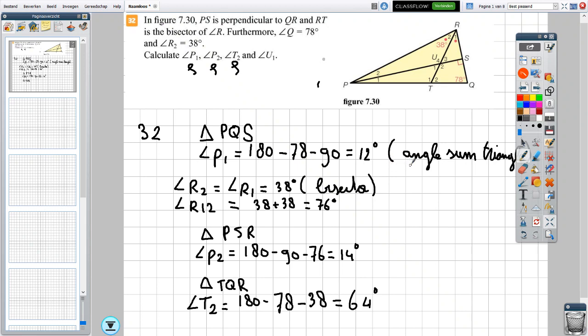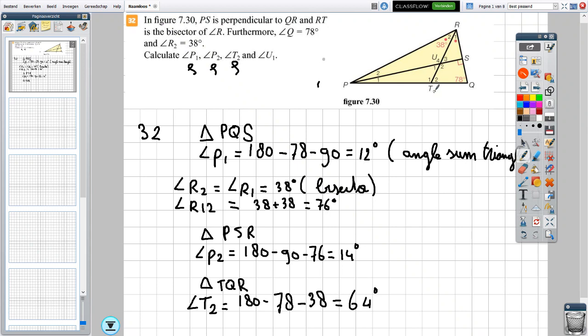The last one, what I have to do for U1, what's the quickest way? Yeah, I can do it so many multiple ways. It's so fun. What I wanted to do was say, I know T1 because of the straight angle. So I do 180 minus T2 and then take the angle sum of PTU.